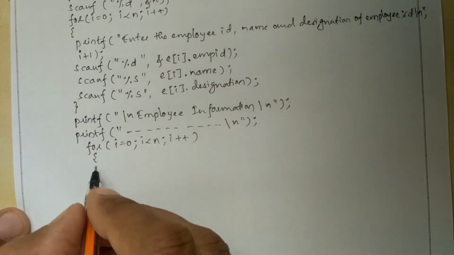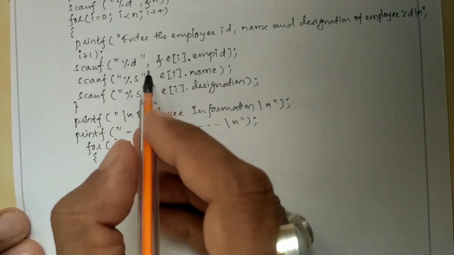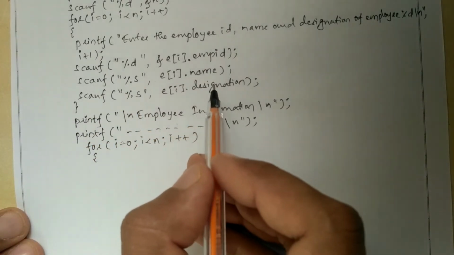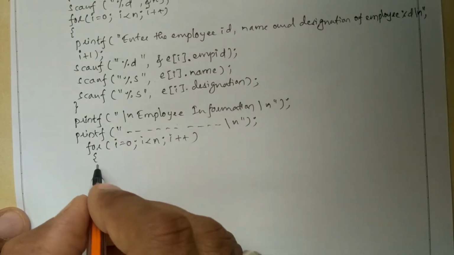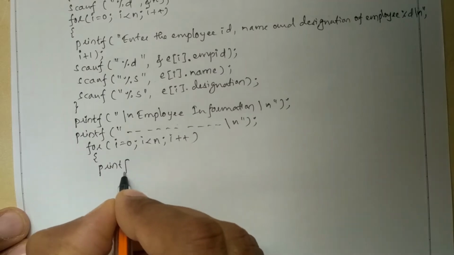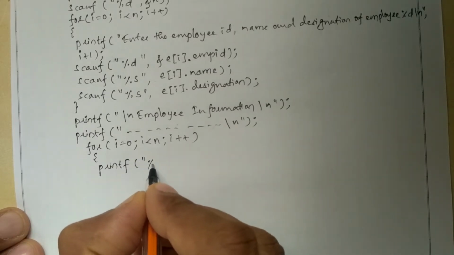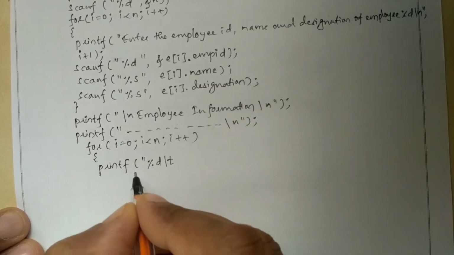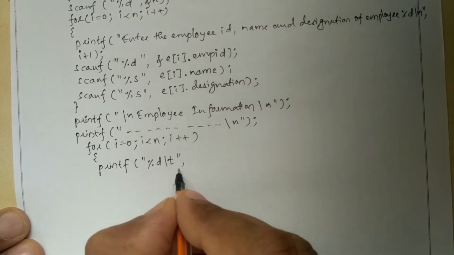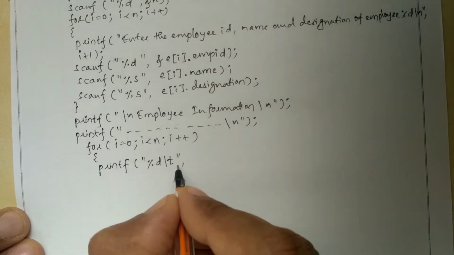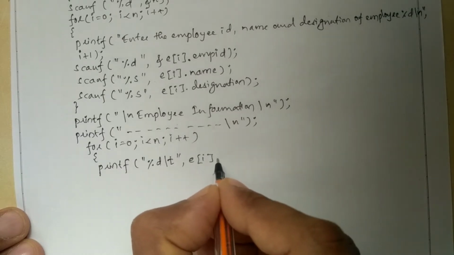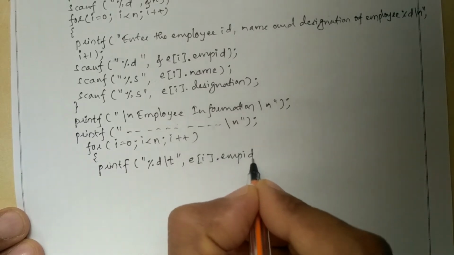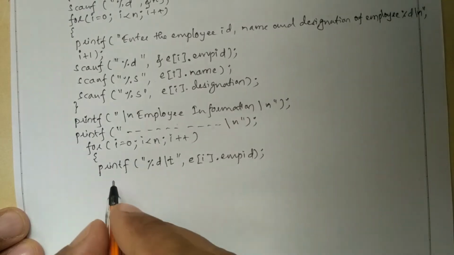Next curly open brace, and whatever we have received like emp id, name, and designation, we are going to print in the form of a table. So let us print. I'll write printf, in a double quotation mark I'll write %d \t. So here \t represents a horizontal tab space. So comma e of i dot emp id, closing brace, and put semicolon.